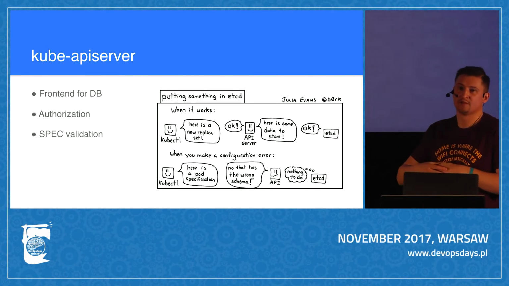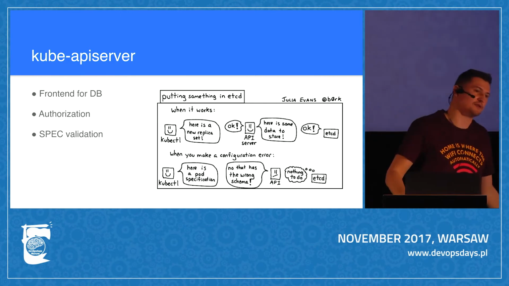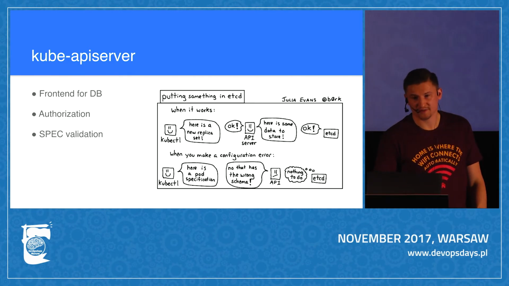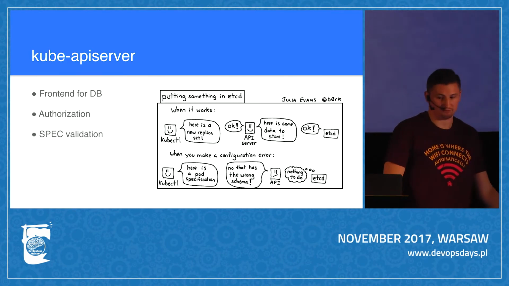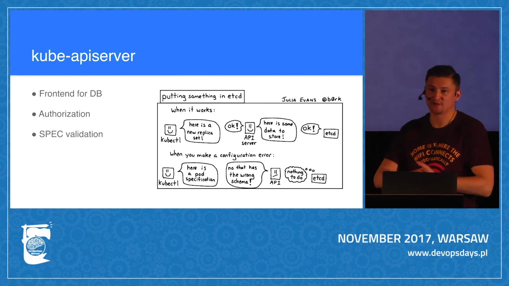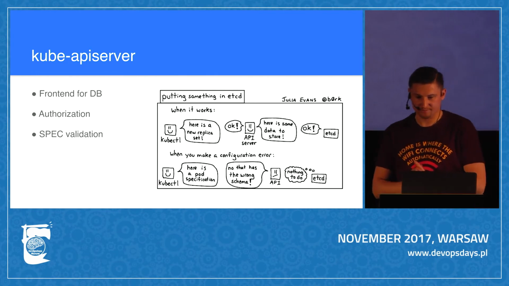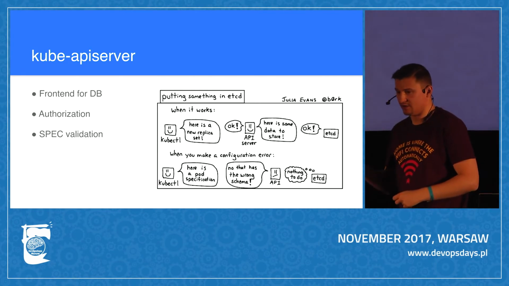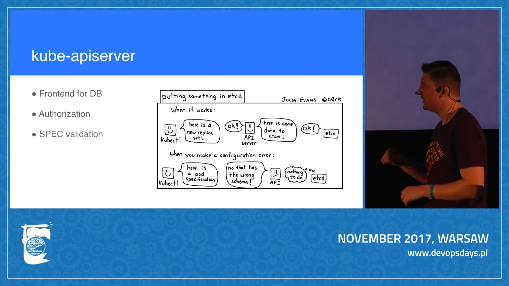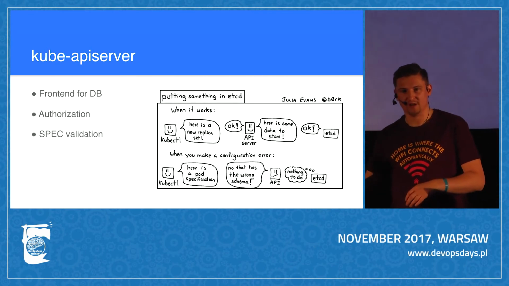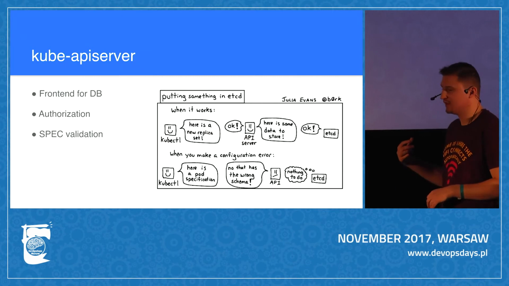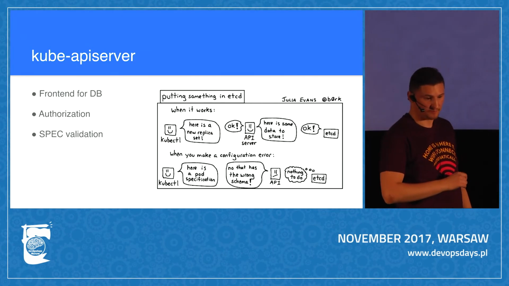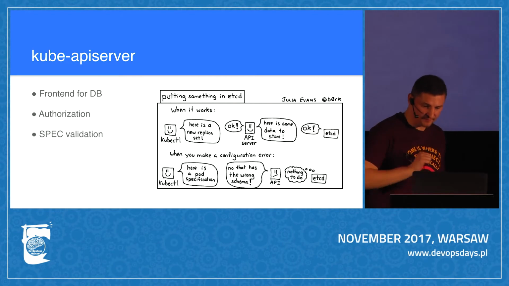Like you can use certificates, tokens, external proxy, even OpenStack Keystone, or any password files, whatever you want. And the last important thing is every change to the API is being validated for the specification of the object that you want to change. We'll get back to this later.